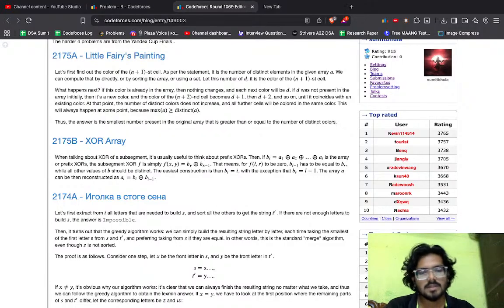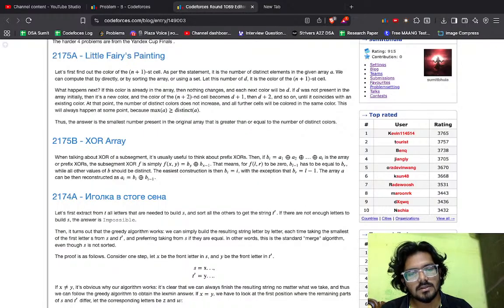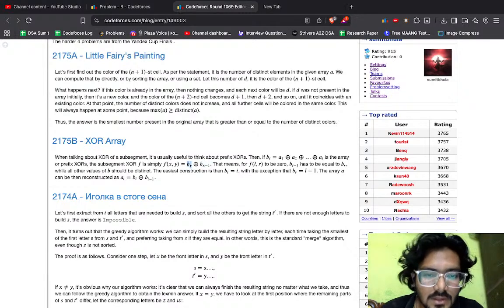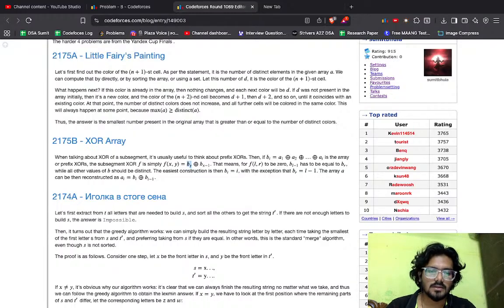So these two positions should be the same, and everything else in B should be distinct.